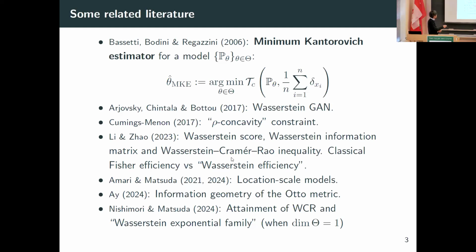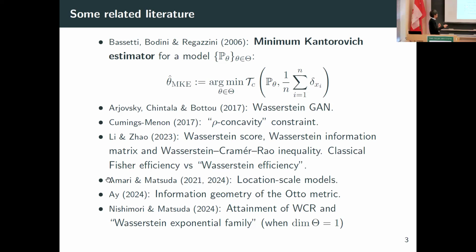So my collaborator, Teklu, with Amari and others, they consider some special cases like location scale models and the one-dimensional case. And last year, there is a paper by Nihat Ay. He considered what is called an information geometry of the OT metric. So what they are doing is that you want to consider certain submanifolds of the space of densities, which are natural with respect to the OT metric.